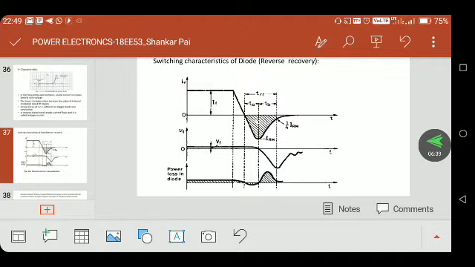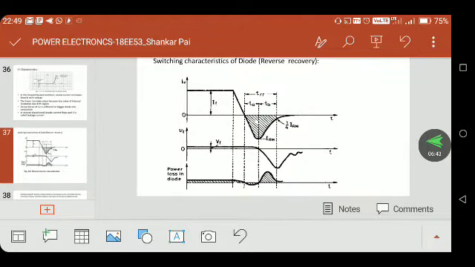What is the reason for that? The reason is the stored charges at the various semiconductor layers. If you are able to remove those stored charges in a minimum time interval, then the time required to change its state also decreases.